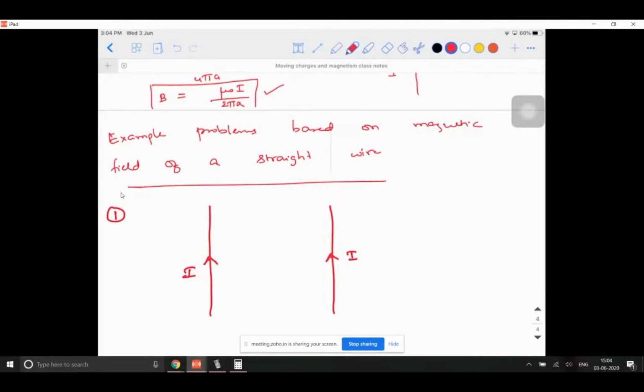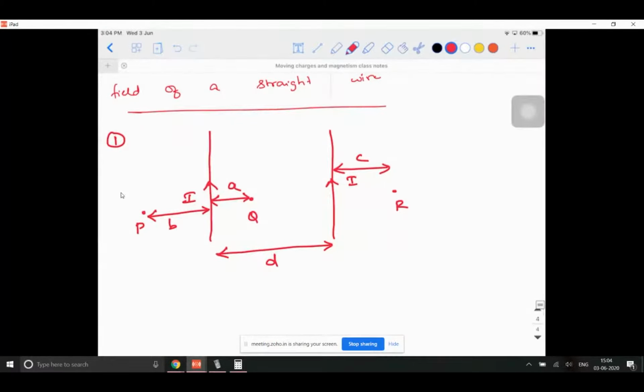Now what you need to do is calculate the net magnetic field at points P, Q and R. Let's say the distance of separation between these two wires is D, and if I take this distance to be A, let me say this distance is B, and let's say this distance is C. So these are all the cases. You have to find the magnetic field due to the system at points P, Q and R along with their direction.